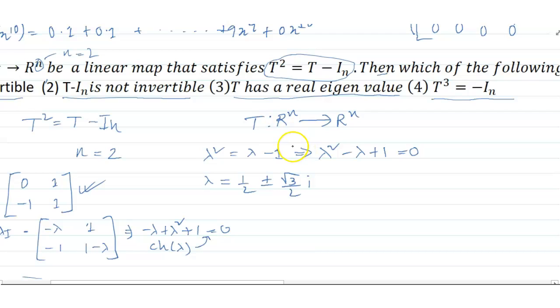So T has a real eigenvalue. This portion is wrong, friends. T does not have real eigenvalues when n equals to 2.